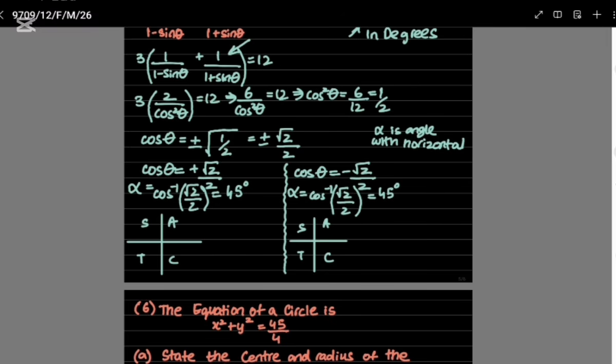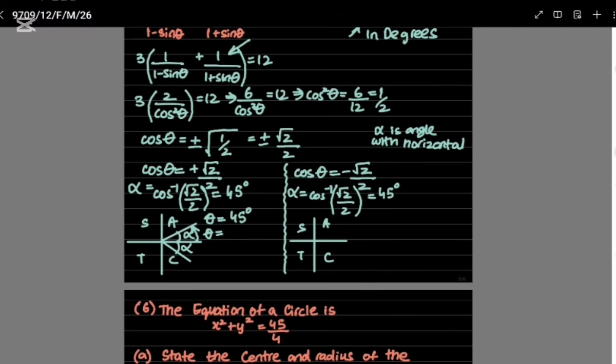Now over here, cosine theta is positive. Where is it positive? In the first quadrant and in the fourth quadrant. This is alpha, angle with the horizontal. We have to find theta. So the first solution is this, which is just alpha, 45 degrees.